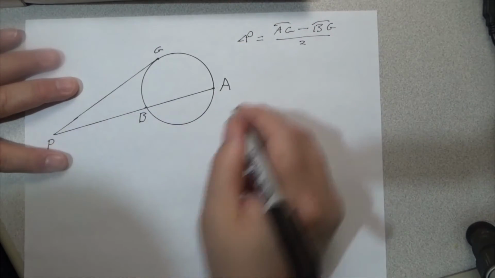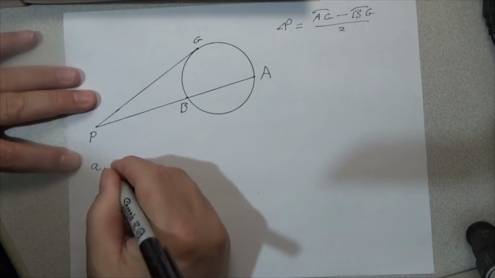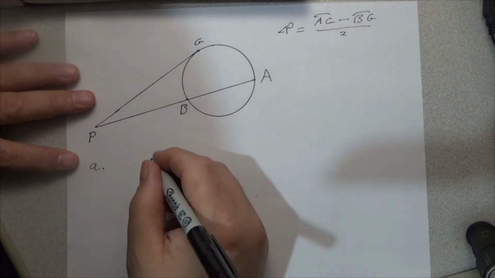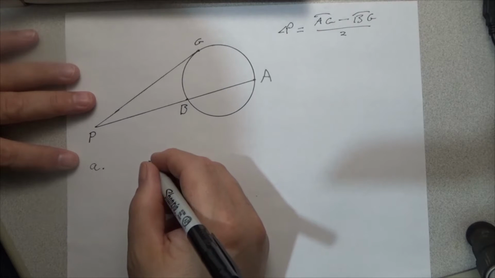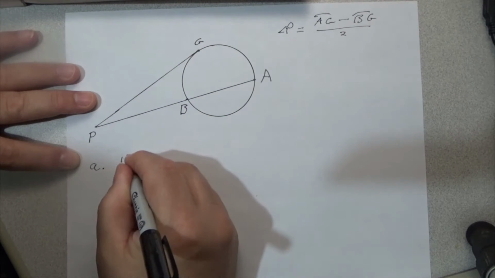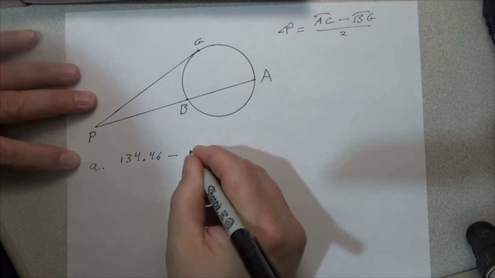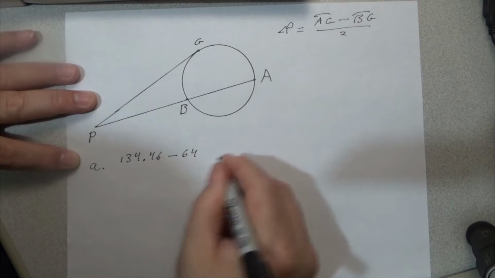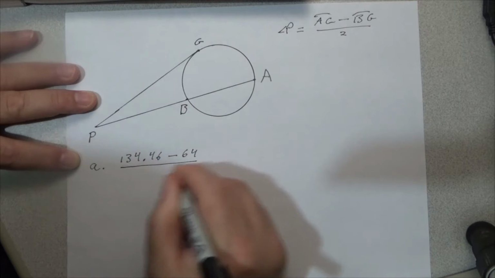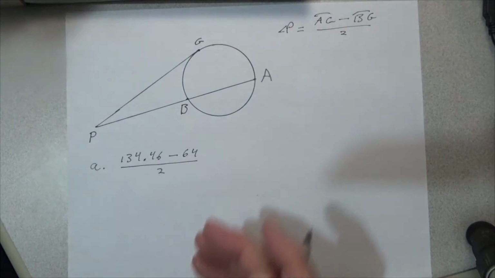Okay, so for A, we say AG, 134.46, minus 64, divided by 2. All right, let's figure that one out first.